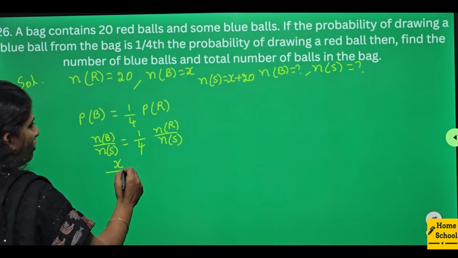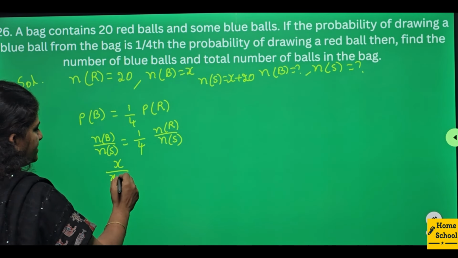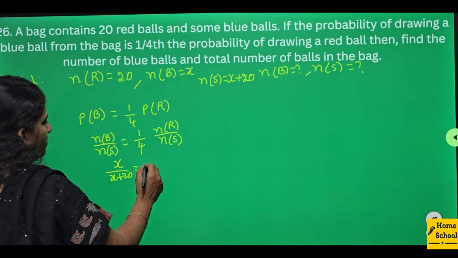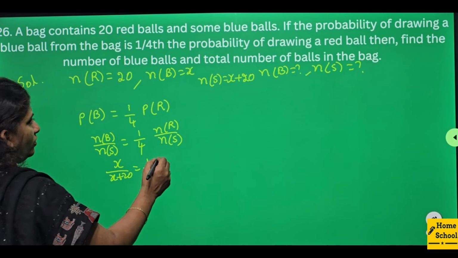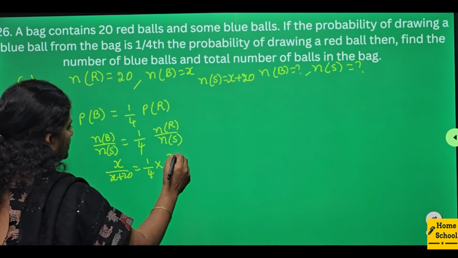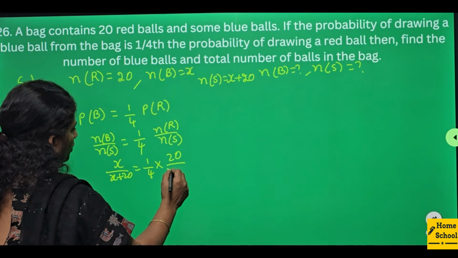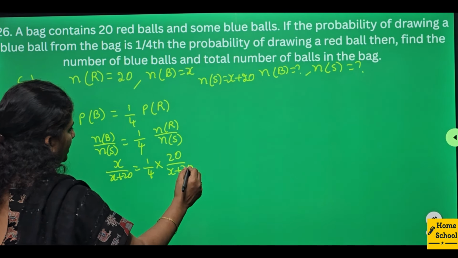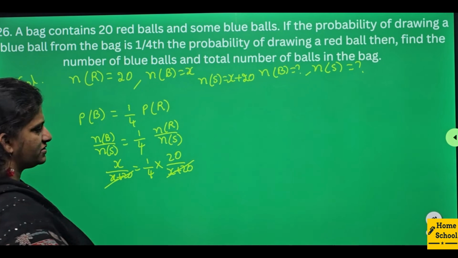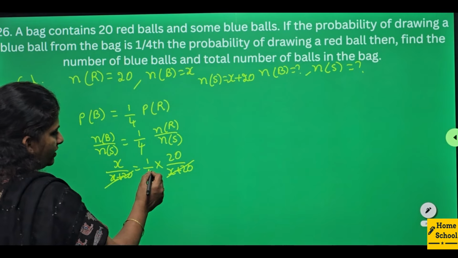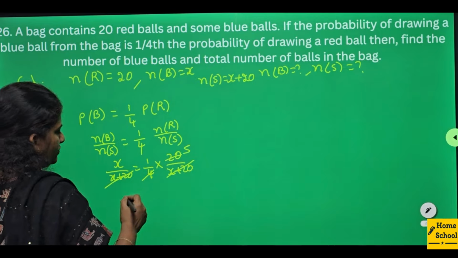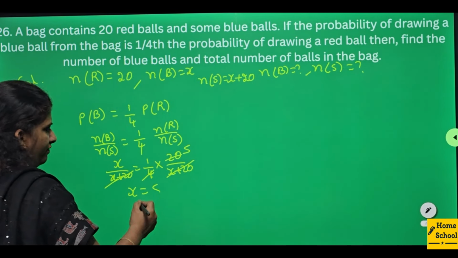X. N of S, X plus 20, is equal to 1/4 into number of red balls 20 by total X plus 20. X plus 20, X plus 20 will be cancelled. Now 4 5s are 20, X is equal to 5.